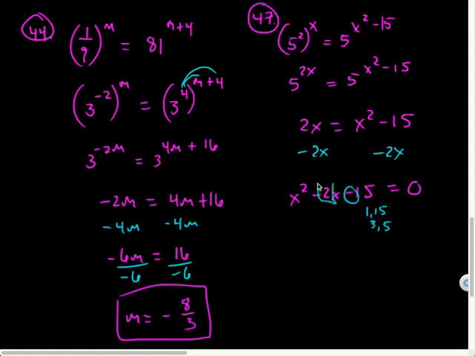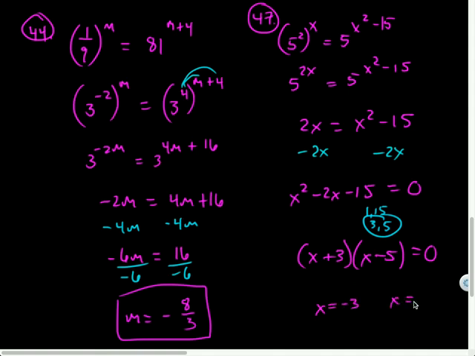Which of those subtract to be 2? That's the 3 and the 5. This is a simple factoring problem because there was no AC method; I didn't have to account for the 1. So I'll have x with a 3, x with a 5, plus 3, minus 2. Then I'll get x equals negative 3 and x equals plus 5. Because these are the factors, the roots are the opposites of those numbers, so we can skip that step these days.